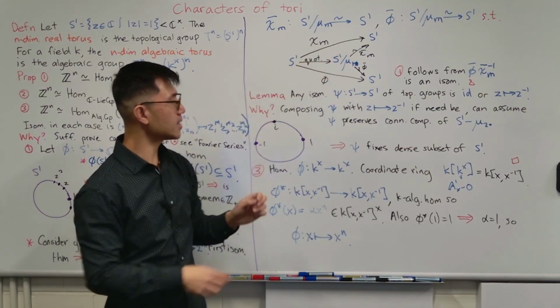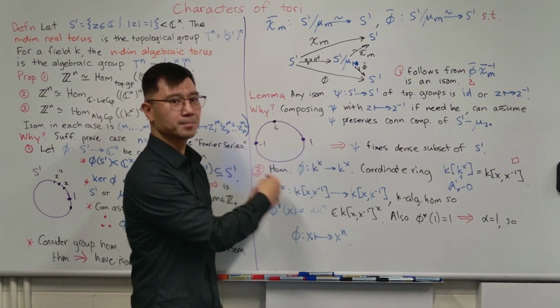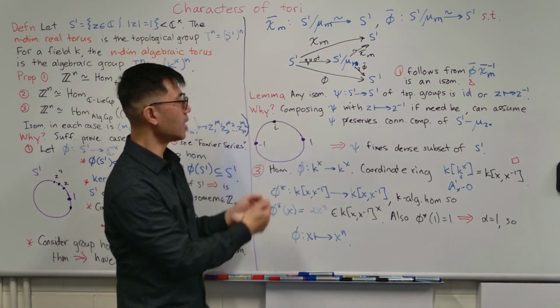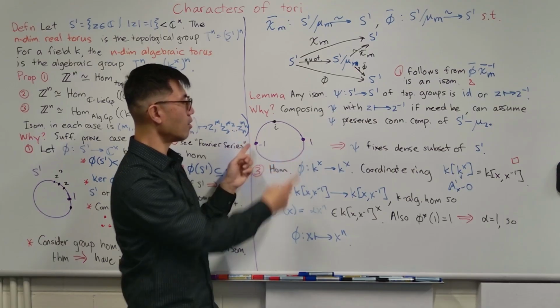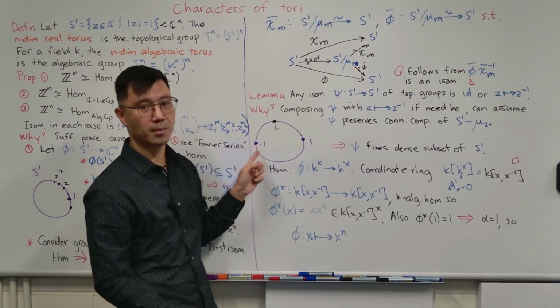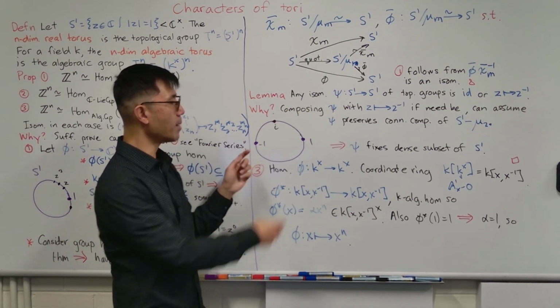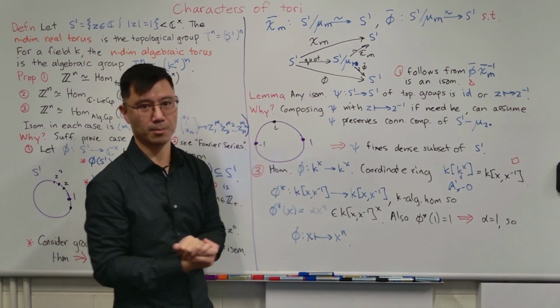Okay, so why is this true? So the first thing is that here's our S1, okay, and it's got a 1, and it's got a unique square root of 1, which is not equal to 1, which is -1. So since psi is an isomorphism, it has to fix 1 and -1.